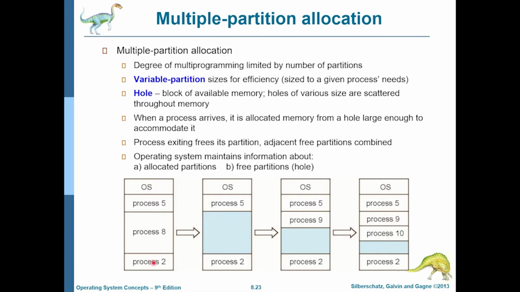Just imagine this situation: the operating system is always there, and after the OS has been given its area, you can see the rest of the processes present in the system at this point of time. Process 2 definitely came before processes 5 and 8, but when process 2 arrived, this was probably the best place to keep it, and when process 5 arrived, this was the best place to keep that, and process 8 was able to just fit into the gap between 5 and 2.